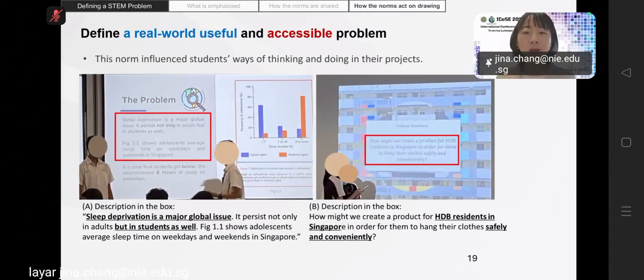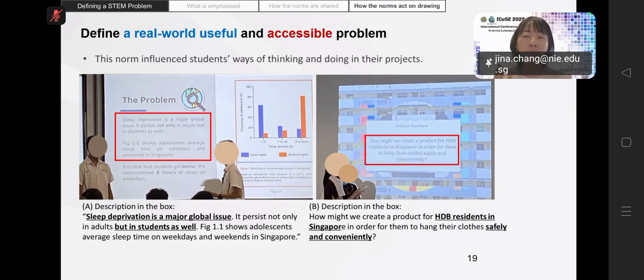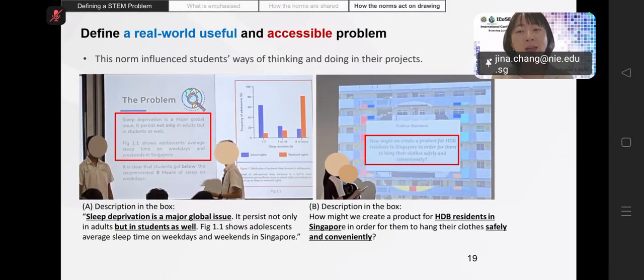They described their problem like this: sleep deprivation is a very major issue for Singaporean teenagers, and they showed the data on how important sleep is and how tired and exhausted Singapore students are. Their target users are students who study hard and may feel very exhausted and tired in the library. So compared to the previous one, their problem, target users and situations are very critical.